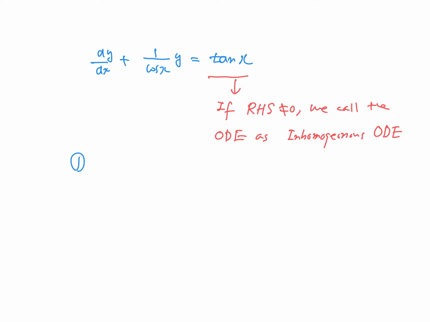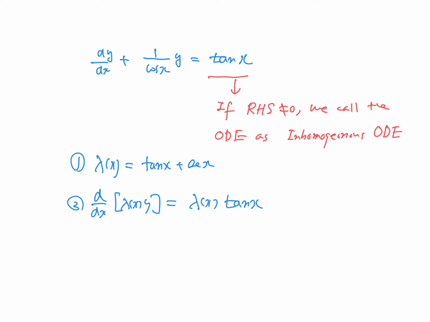Step one, lambda x. We know lambda x already. Lambda x was tangent x plus secant x. So d/dx of lambda x y is actually lambda x tangent x, tangent x plus secant x tangent x, tangent square x plus secant x tangent x.